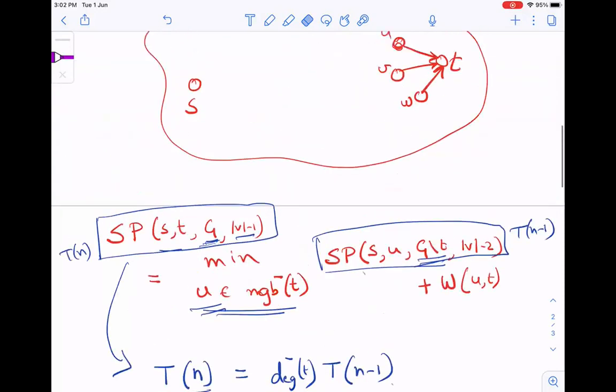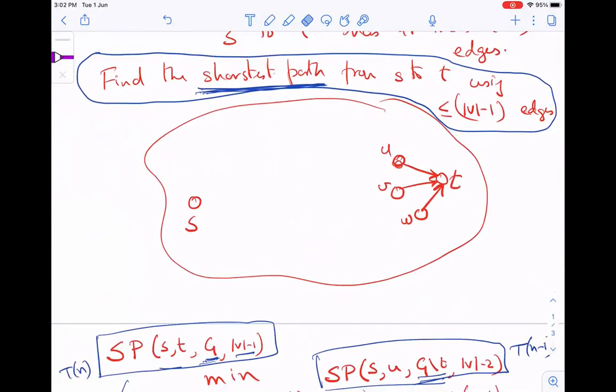Think of this example. Maybe I will draw a couple of edges here in this graph. I have an edge from here to here. I have an edge from here to here.